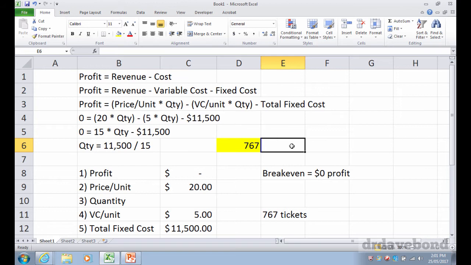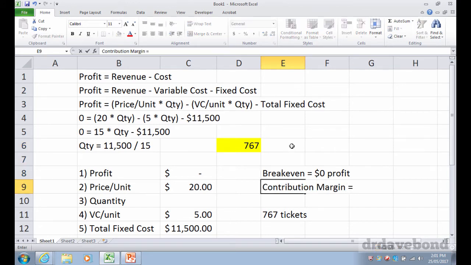A couple of things to look at within this. So if you look at the contribution margin, it is price minus variable cost. So that's what the contribution margin is.